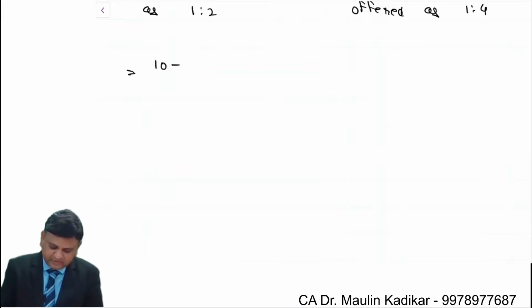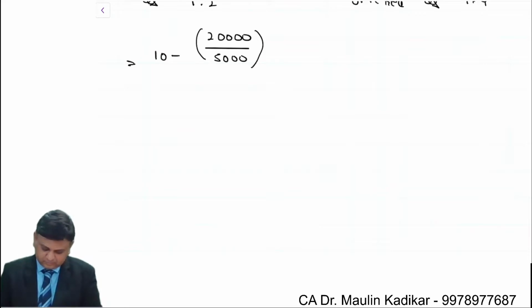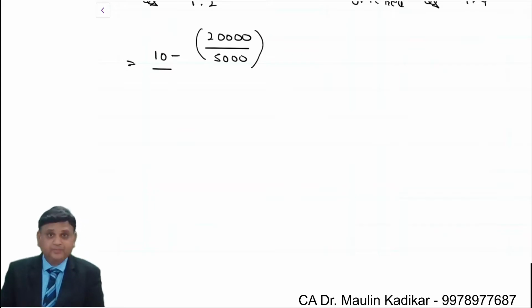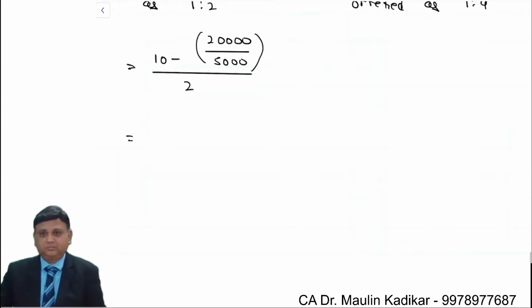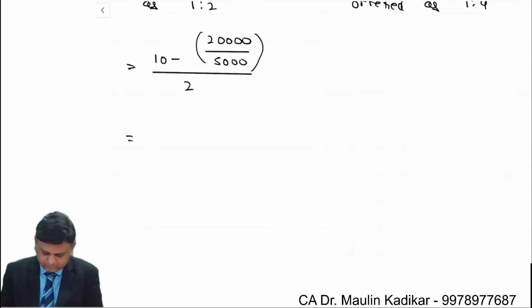So 20,000 divided by 5,000 comes to 4 rupees per share. The same will be divided by the number of shares based on which the right is given, 2. Please write an answer. So what will happen? It is 10 minus 4 divided by 2. So it is 6 divided by 2. That comes to 3 rupees per share. That is what we understand.